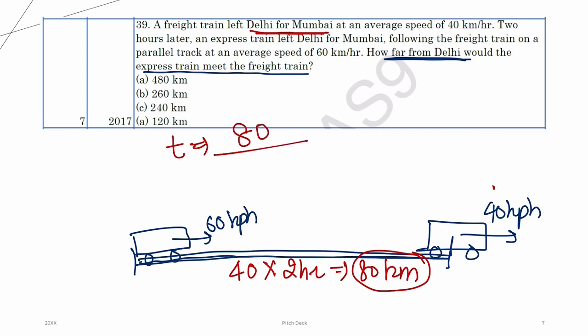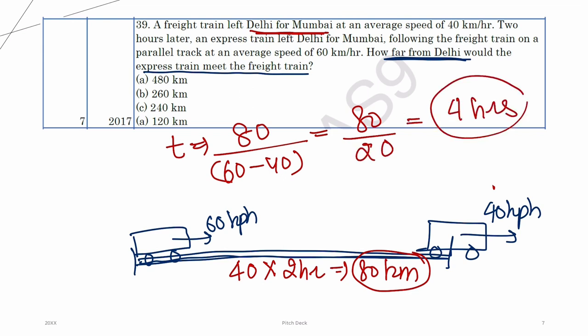Since they are both going in the same direction, relative velocity will be 60 minus 40, that is 20. So 80 by 20, that is 4 hours. I hope this is clear. So 4 hours is the time when the express train will catch the slower train, counted from the time the express train starts.